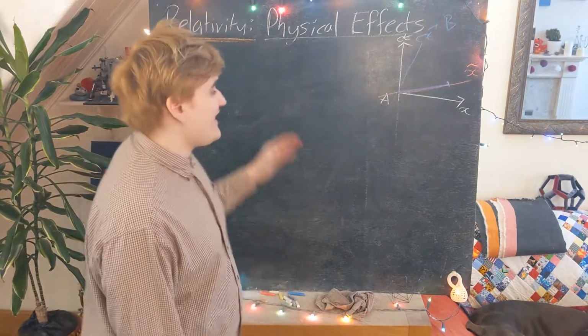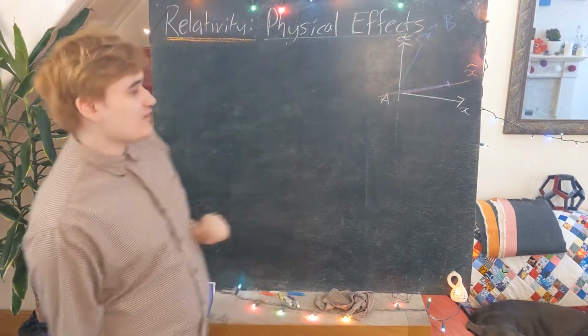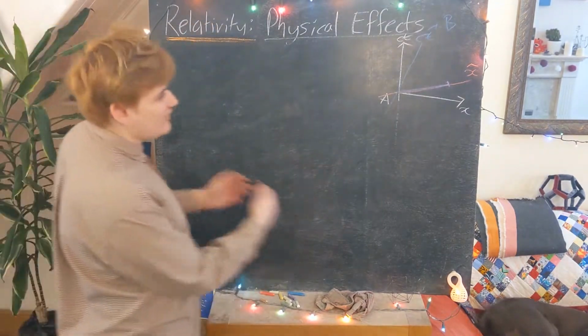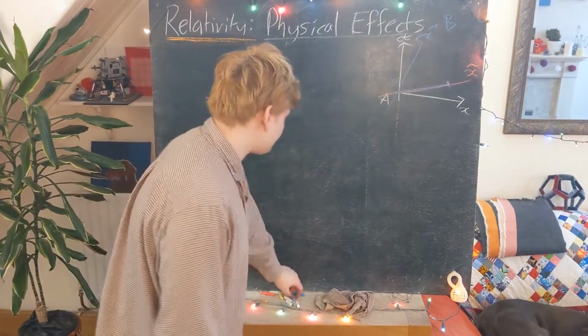And so this observer A is going to now see this rod moving through that frame, and the observer B just stays at rest relative to this rod.